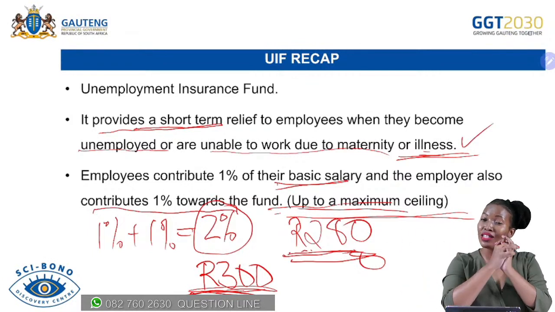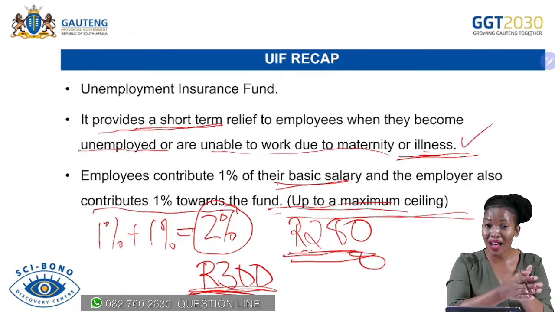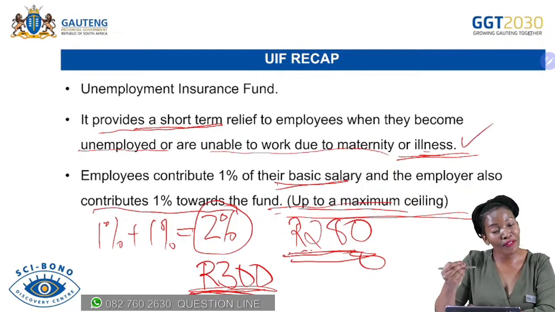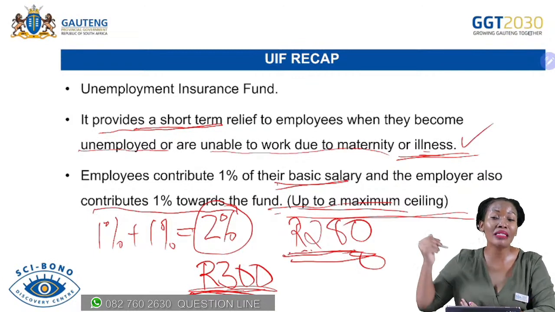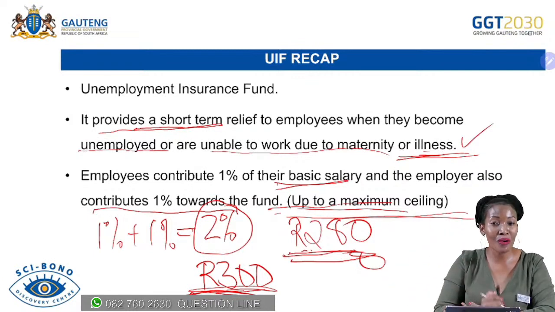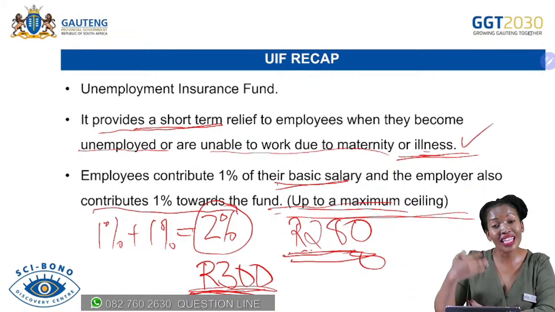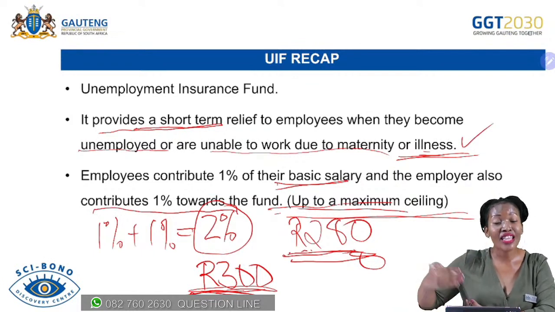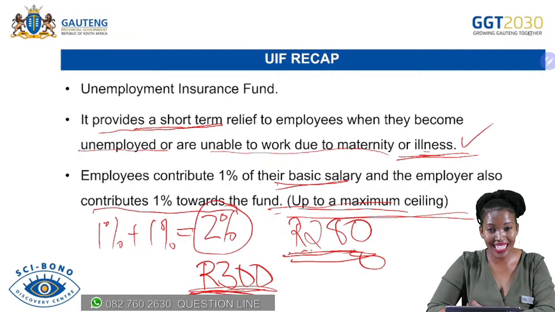In total, the sum of money that goes into the fund is 2%. If you have to use the maximum amount, the examiner will always guide you. I was just sharing this extra information so that you know how to tackle it in the exam.